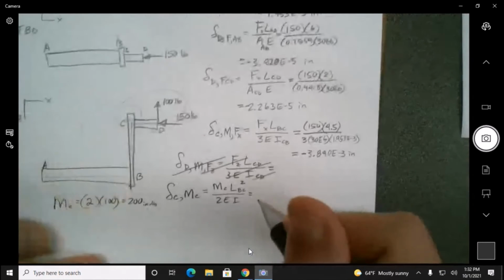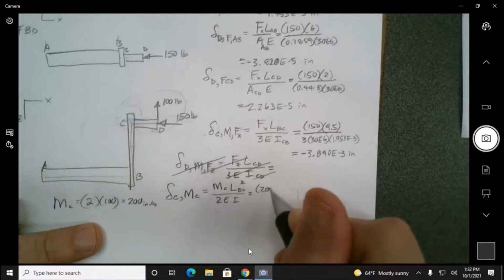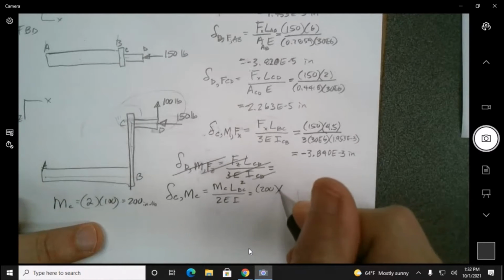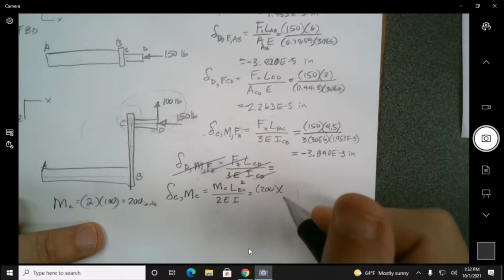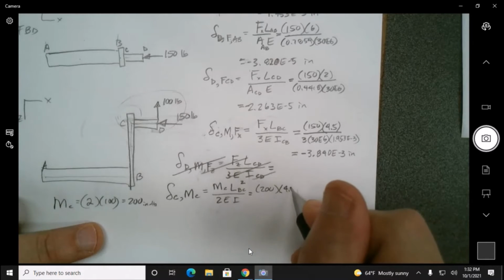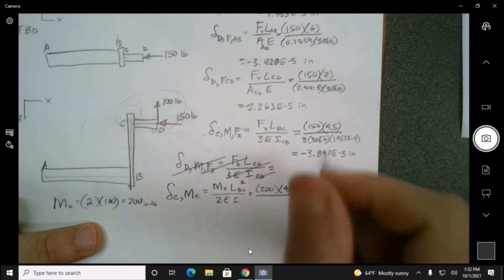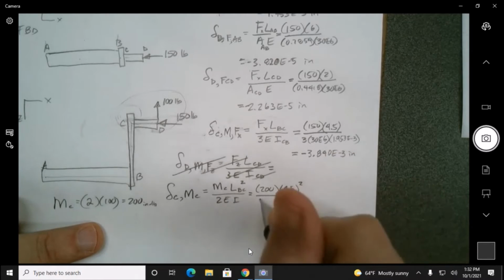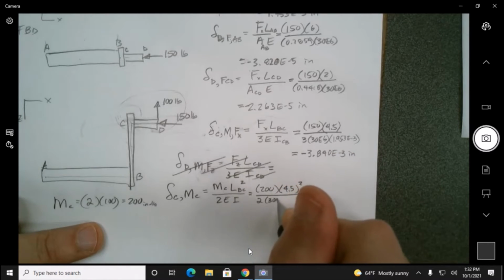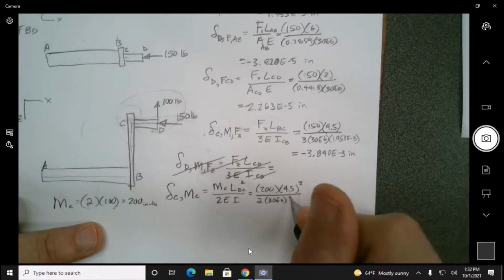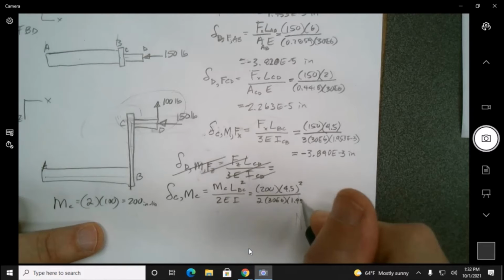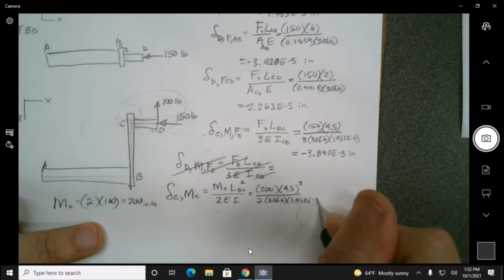And so we're going to take 200 inch-pounds, and the length, still, that should be like 4.5 squared, over 30E6, and then the I was 1.953 E minus 3.